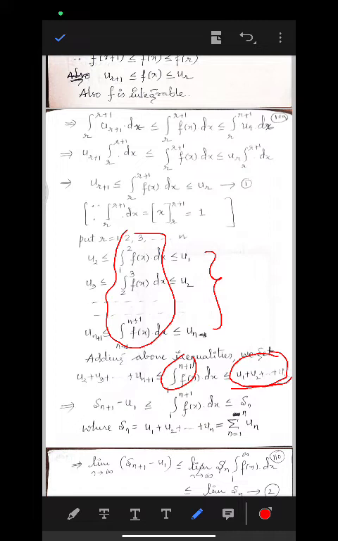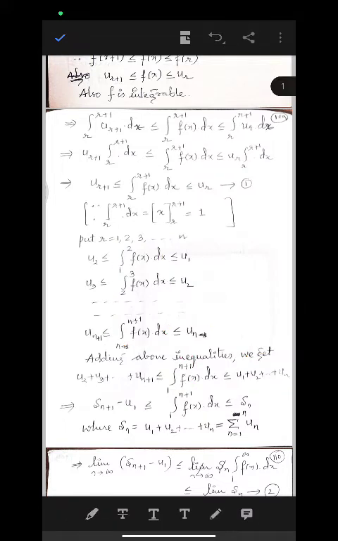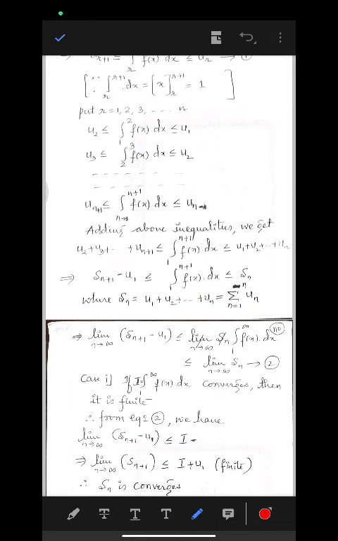Can anybody tell me? S_n, very good. Why is it S_n? It is the nth partial sum of the given series. So I can write it as S_n. And on this left side part, what is missing here? u1.